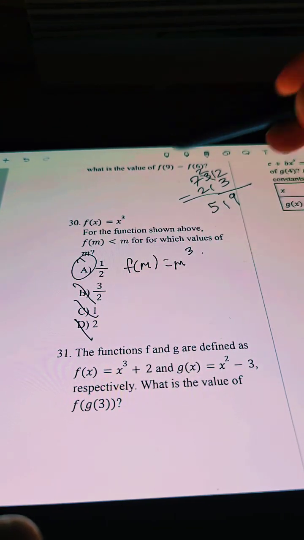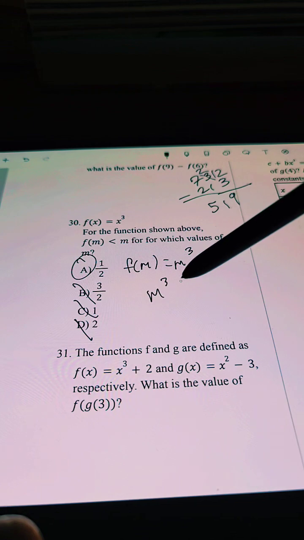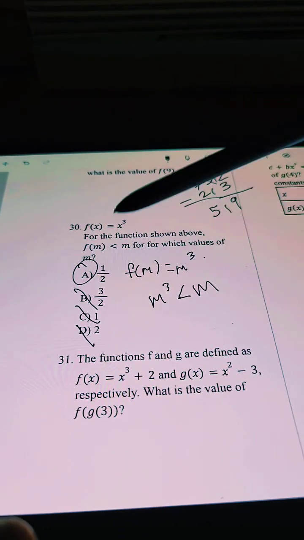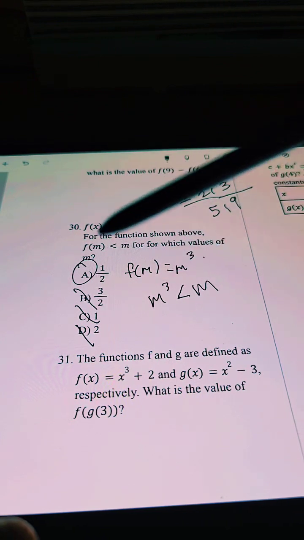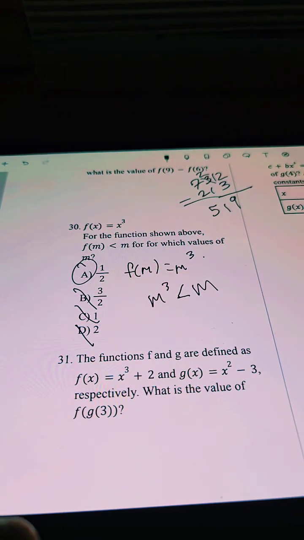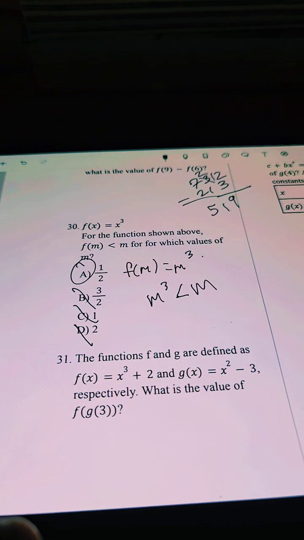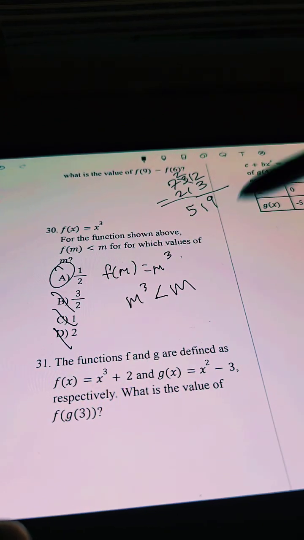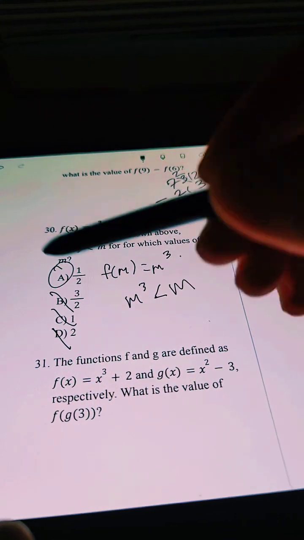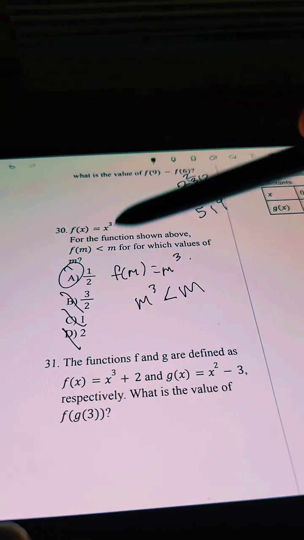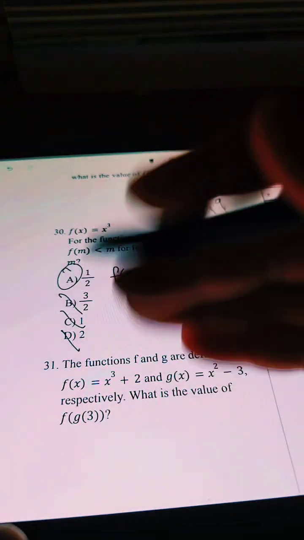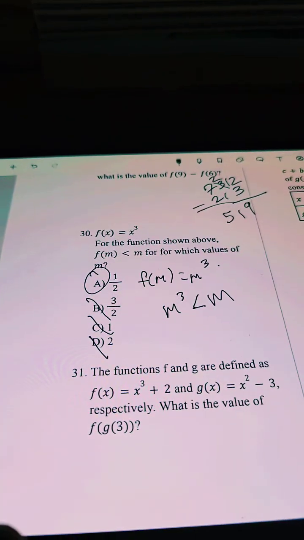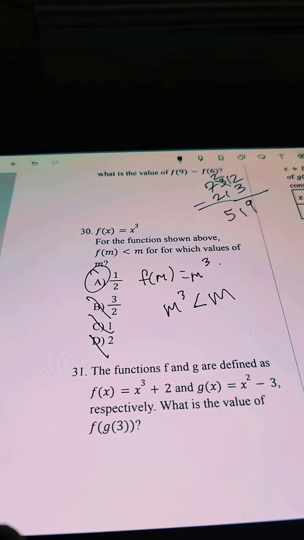Now, the more efficient way, once you got to this step, is to say, if we keep multiplying by a fraction less than 1, it's going to keep getting smaller and smaller and smaller than what we started out with. So logically, if we have the option between stuff that's greater than 1 or a fraction that's less than 1, it would have to be the fraction that's less than 1.